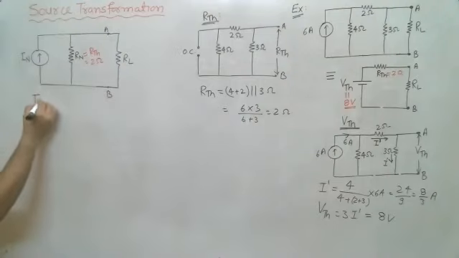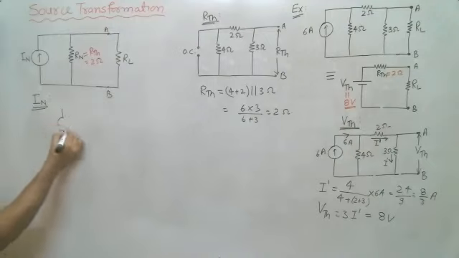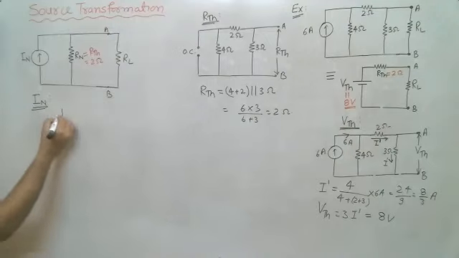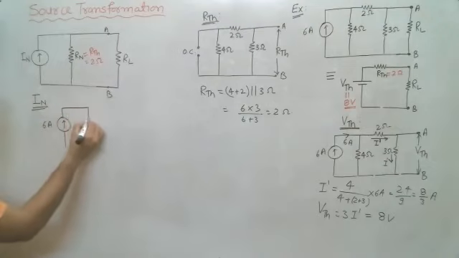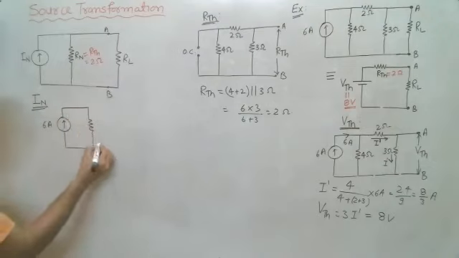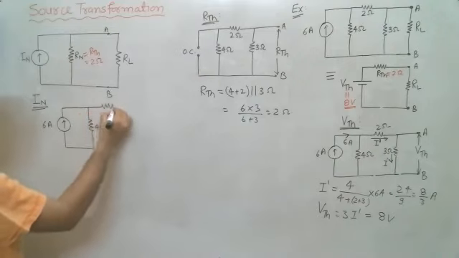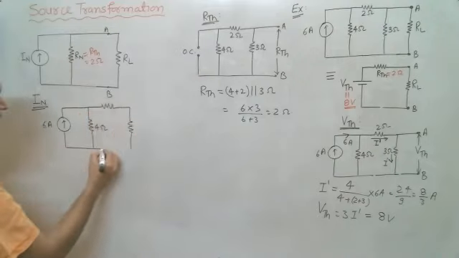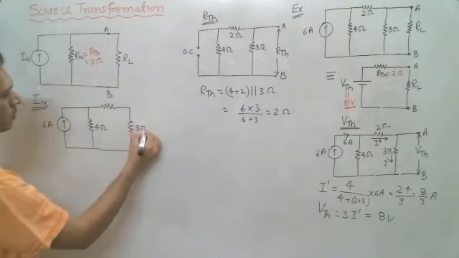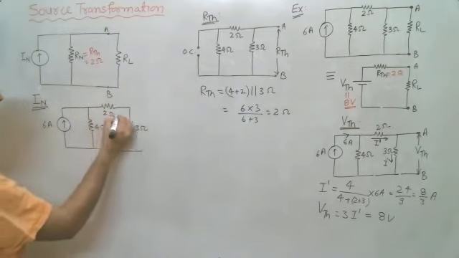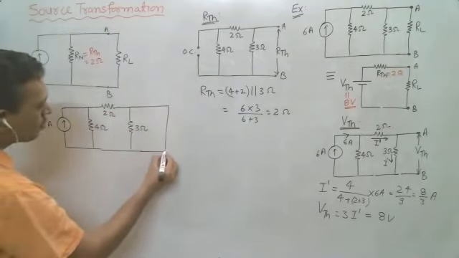Now definition for IN. IN is the short circuit current. This is 6 ampere. Then you have 4 ohm, 2 ohm. This is 3 ohm. This is 2 ohm. And now A and B are short circuited.